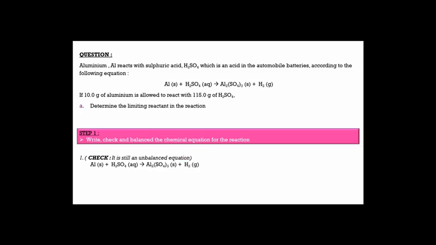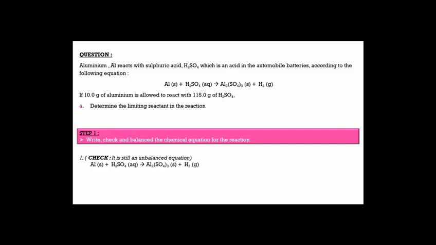From the given chemical equation, we can see in the reactant we have one aluminium atom, but in the product there are two aluminium atoms. That means this chemical equation is still unbalanced. So you need to balance the chemical equation before you proceed to the next step.